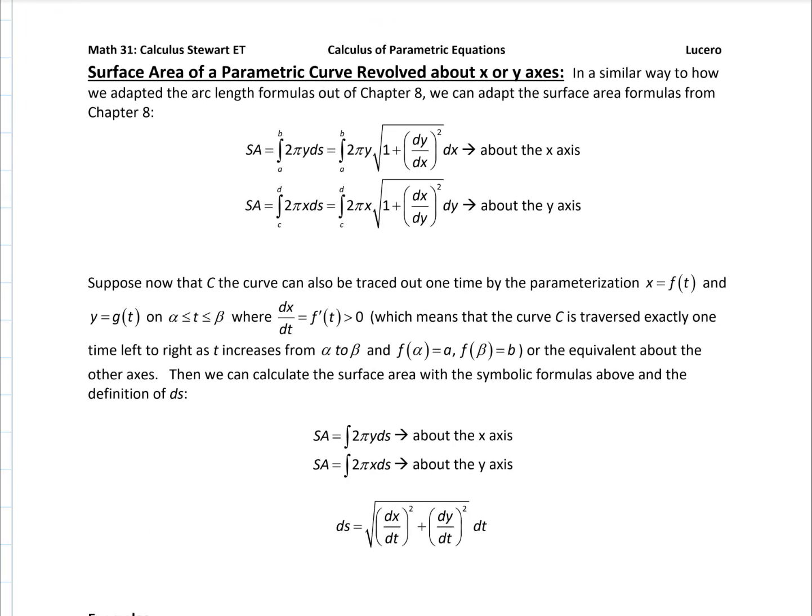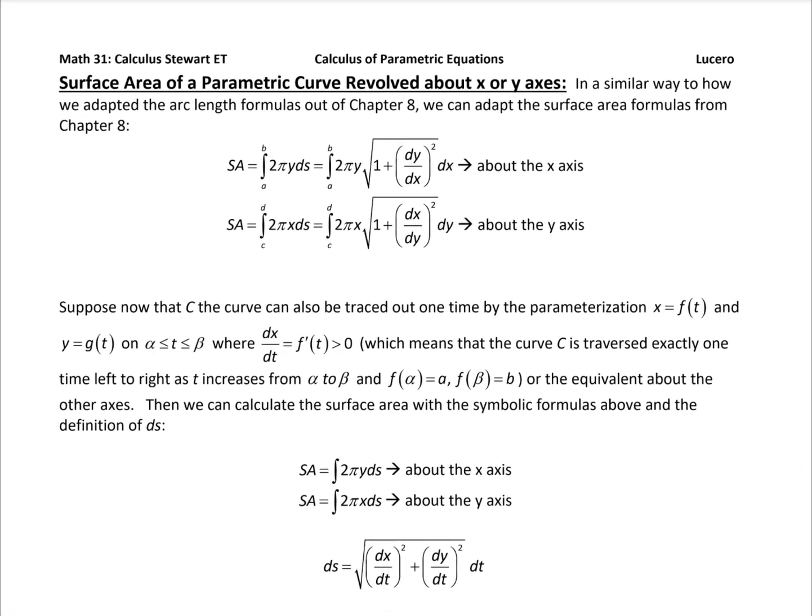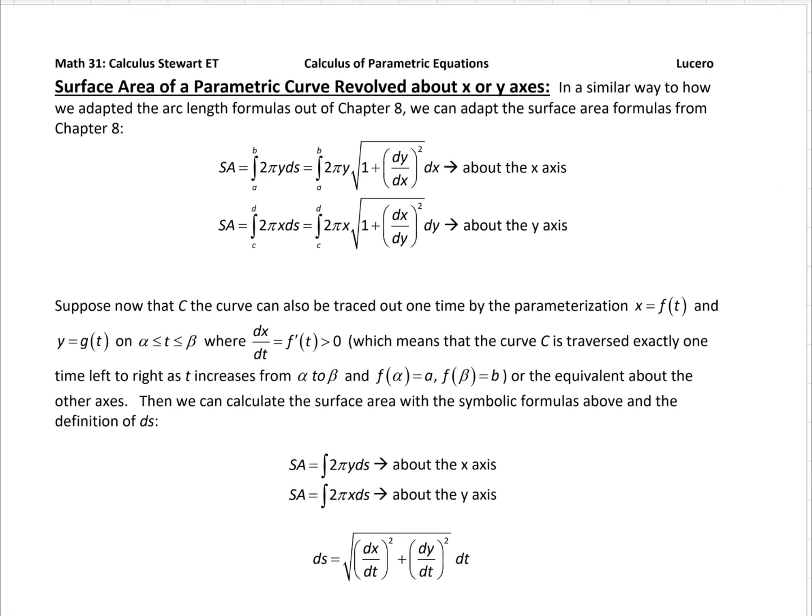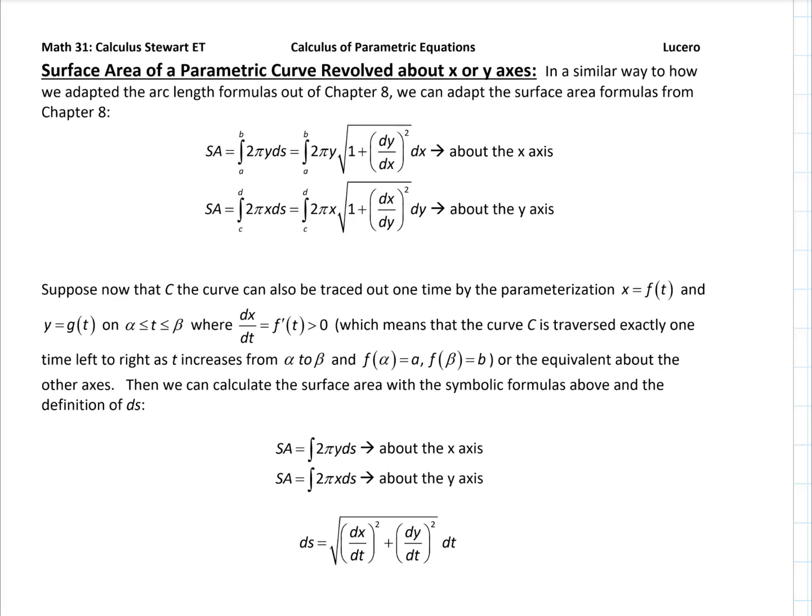It's just continuing. Once we have arc length, we can easily apply it to surface area. If we wanted to think about, rather than just the arc length of a curve, revolving a curve around an x or a y axis and looking at surface area, we can actually use the same formulas as long as we have the same criteria. We have a parameterization that gets traced out one time as the parameter t increases from alpha to beta.